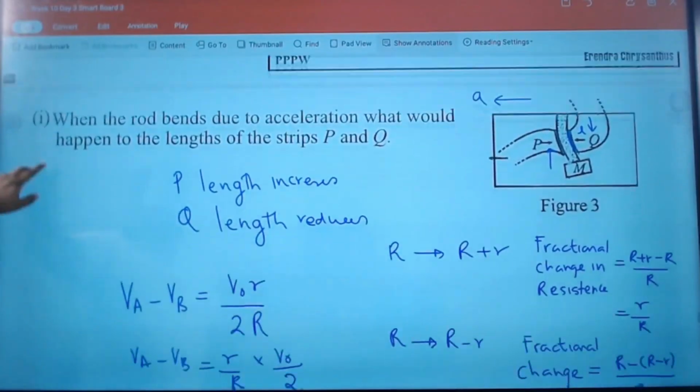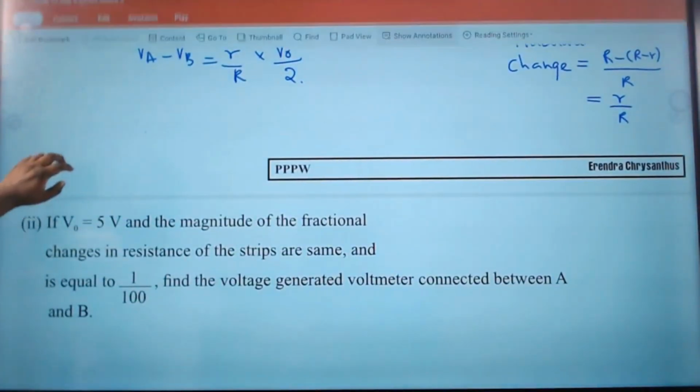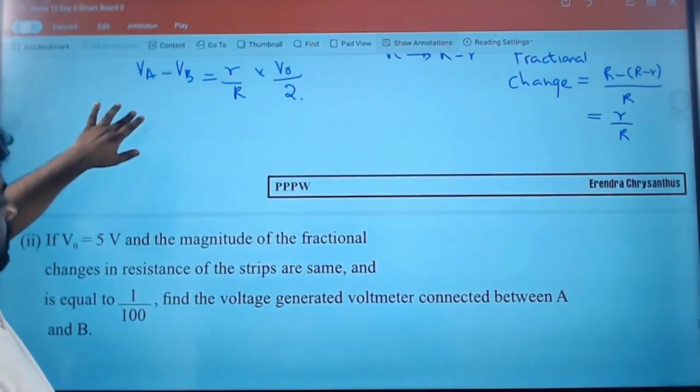So what are they doing? I'll do it here itself.